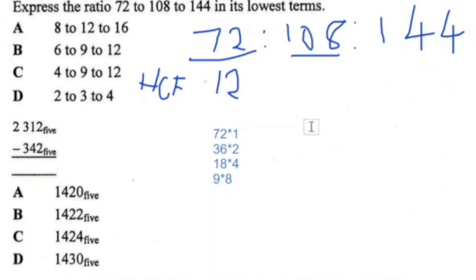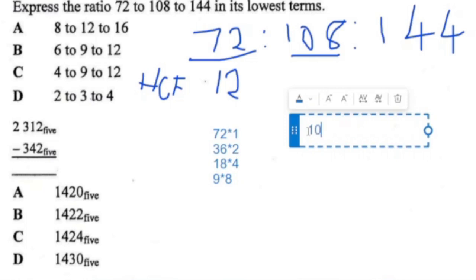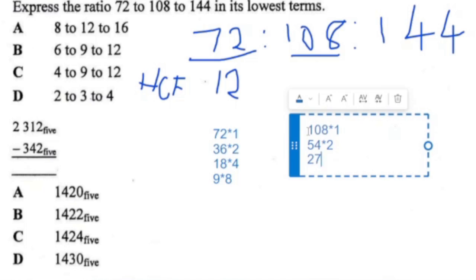Then I can also come here and do the same. I'll start by writing 108 times 1, then 54 times 2, then 27 times 4, which will give us 108.